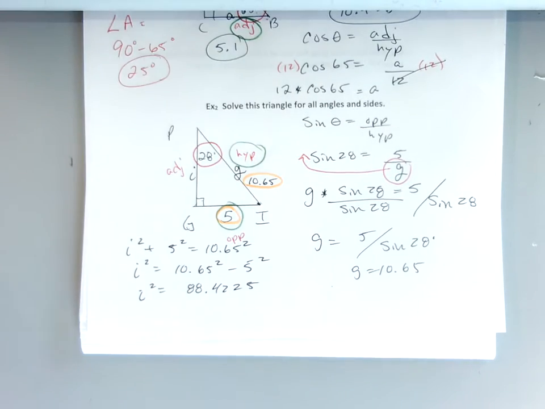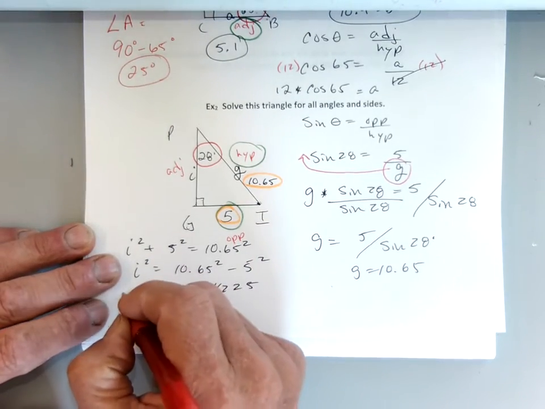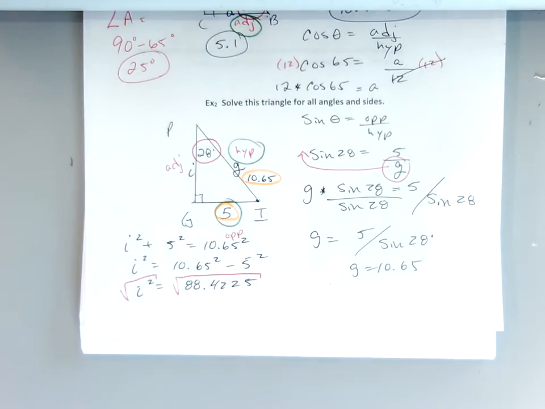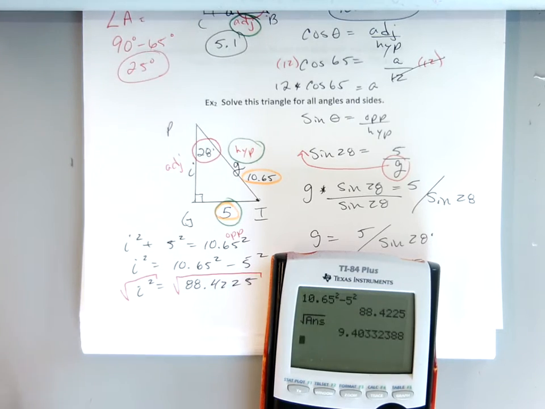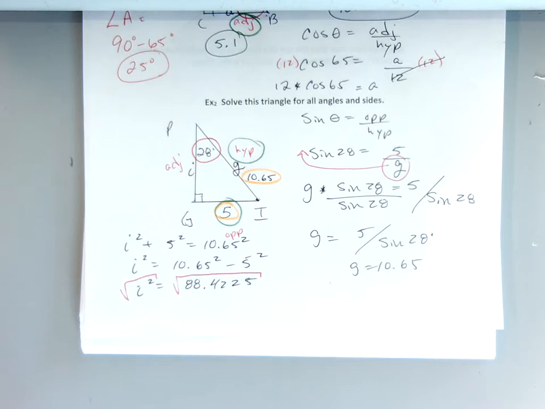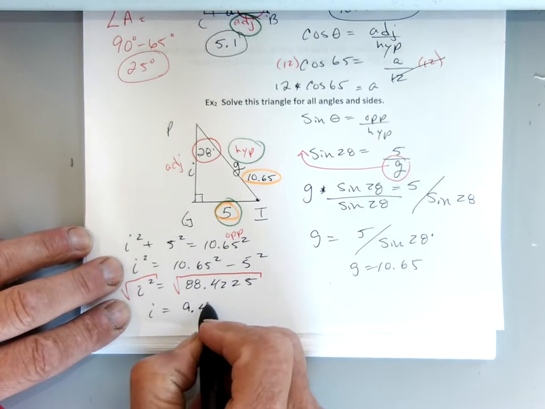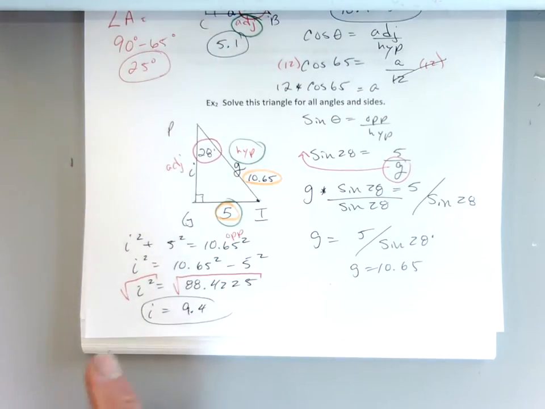And then, of course, square root it, because that's i squared. So to solve for i, we'll square root both sides, and square root that answer. I got about 9.4. Little i is about 9.4 centimeters, inches, whatever.